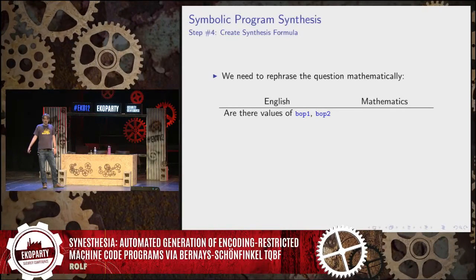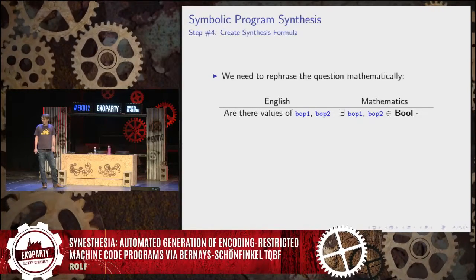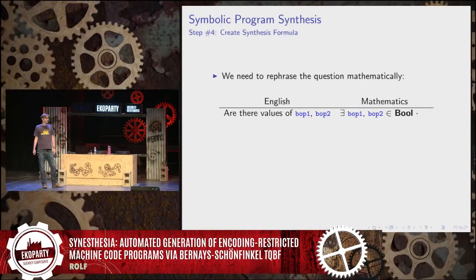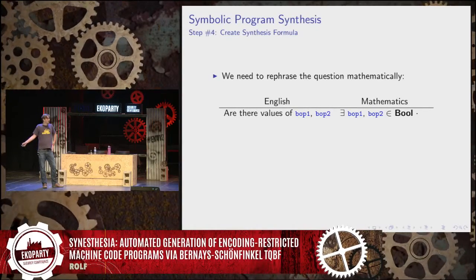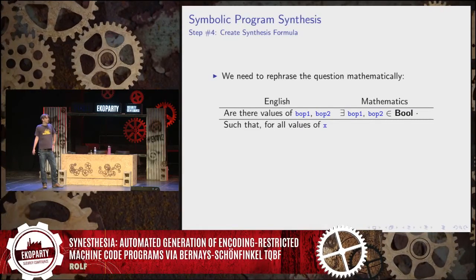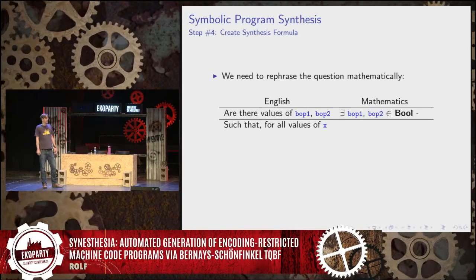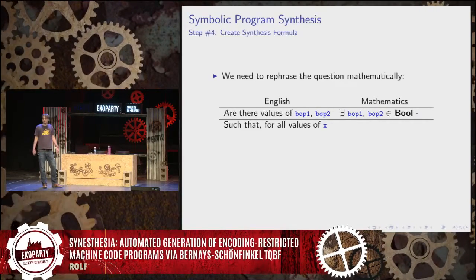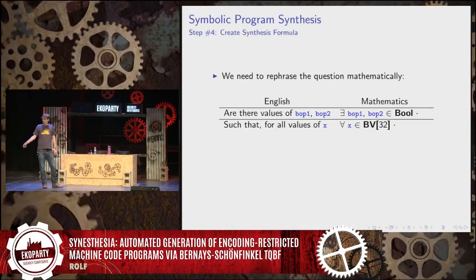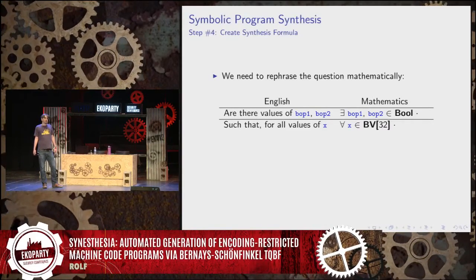And the way we write that mathematically is with a symbol called an existential quantifier, the backwards E. So exists bop1, bop2 Boolean values. So are there values for those variables such that for all values of x, and keying off the English phrase for all, this corresponds to a different mathematical operator called a universal quantifier. So the mathematical representation says for all x being a 32-bit bit vector.